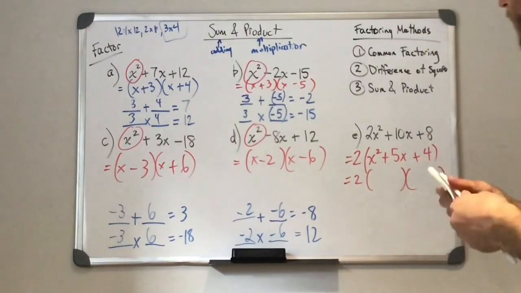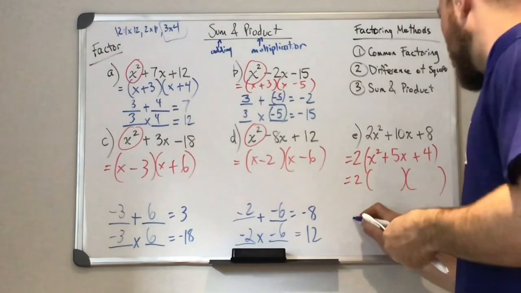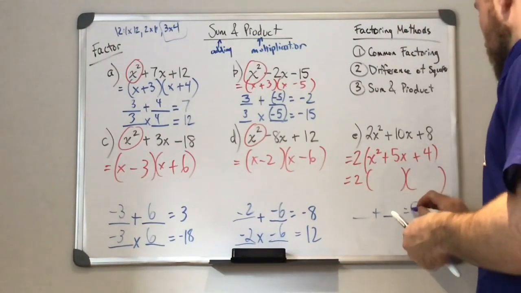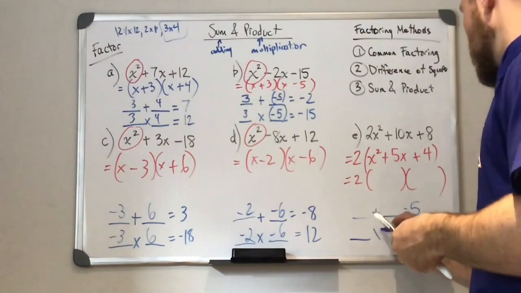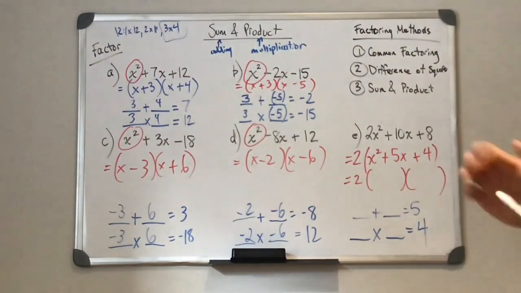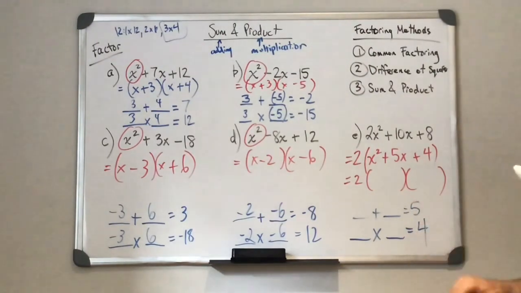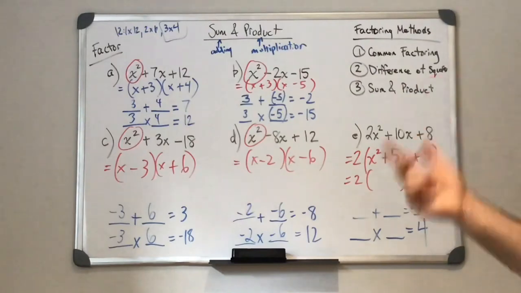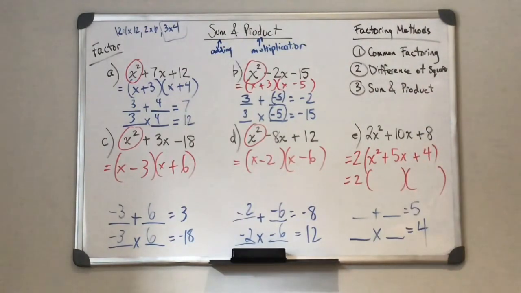Now, just like our previous examples, we've got to have 2 numbers that add to our middle number, which is 5, and 2 numbers that multiply to the last number, which is 4. All right, for 4, you can have 1 times 4, you can have 4 times 1, you can have 2 times 2, and that's it.